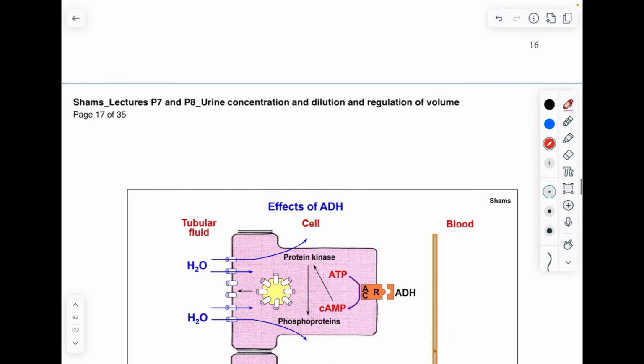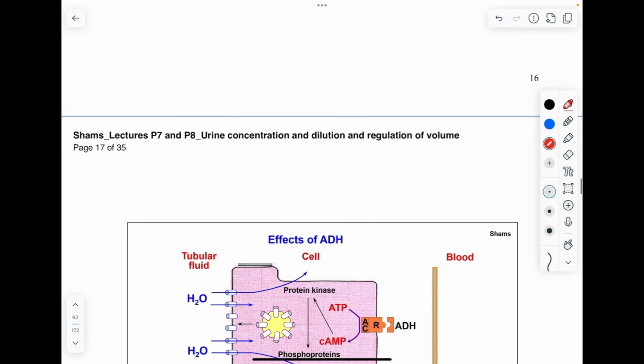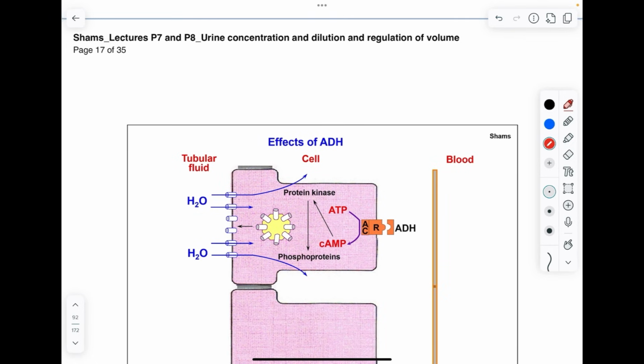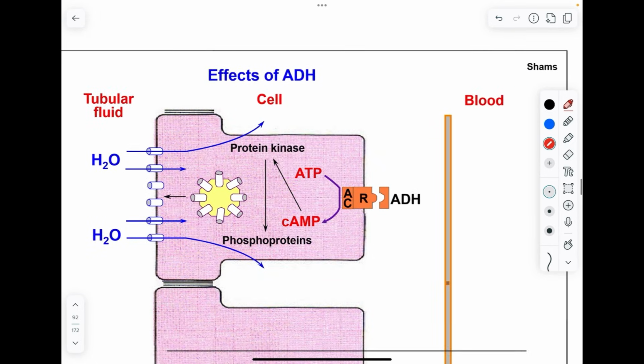Let's go straight. Okay, before we talk about it, we want to say first, what does ADH do? ADH is not a steroid hormone, so it cannot pass the membrane. So its receptor is on the membrane outside, okay? It attaches to this receptor, and then it activates cyclic AMP.